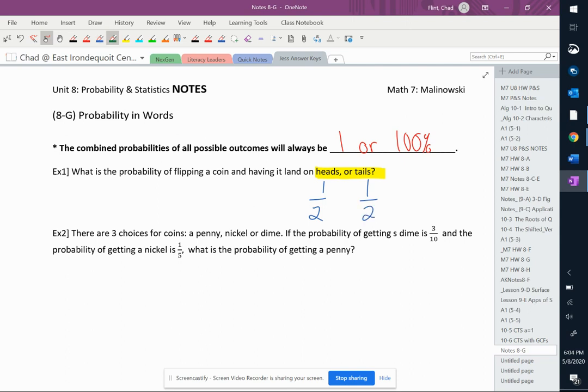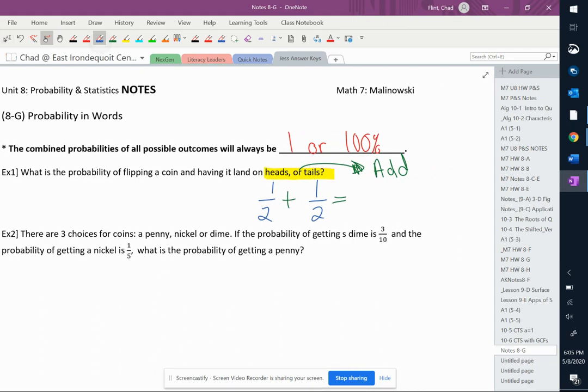We remember from our notes, maybe from earlier, that when we hear "or" in probability, that tells us to add: 1/2 plus 1/2. It simplifies to that, but it starts off as 2 out of 2 and then gets simplified to 1 out of 1, which is the same thing as 100%.